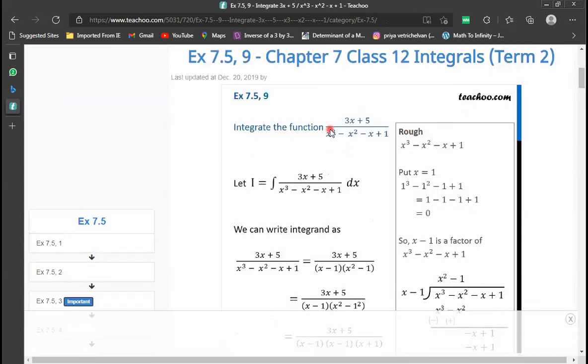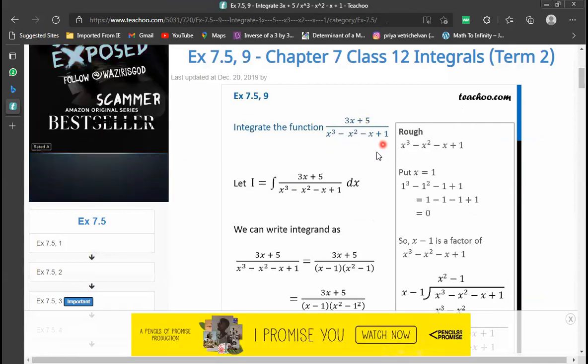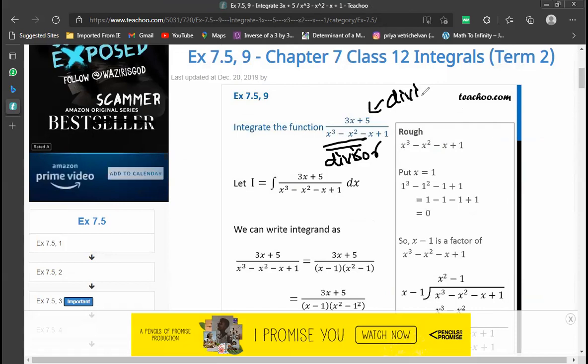So over here also, you have an expression and in the denominator you have a cubic equation. So again you have to use the remainder theorem, isn't it? So you have to consider this as the divisor and this as the dividend.